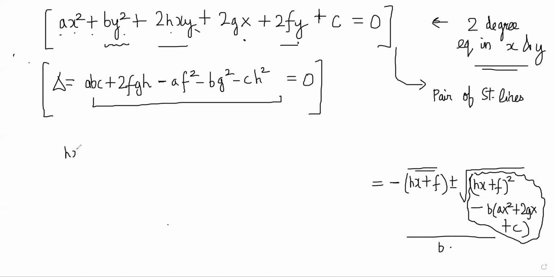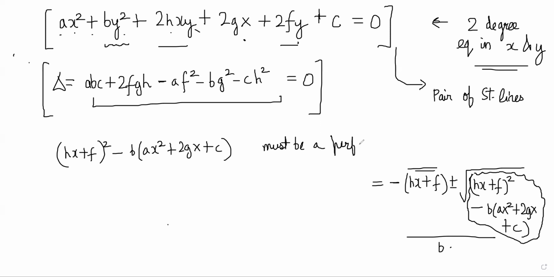What is inside the root? It is hx plus f whole square minus b times ax square plus 2gx plus c, and it must be a perfect square. This thing can be written as h square minus ab times x square, the x term will come from 2hfx minus 2bgx, and the constant term will be f square minus bc.